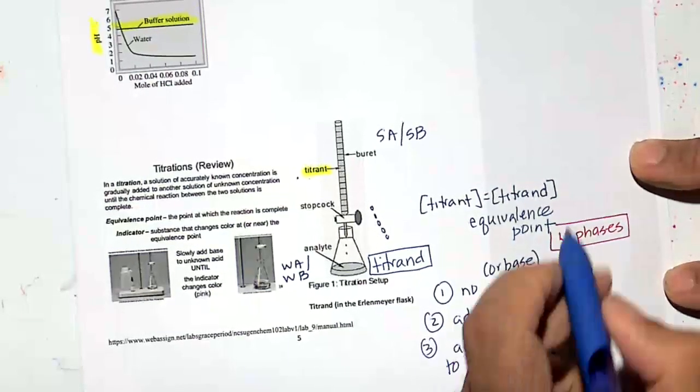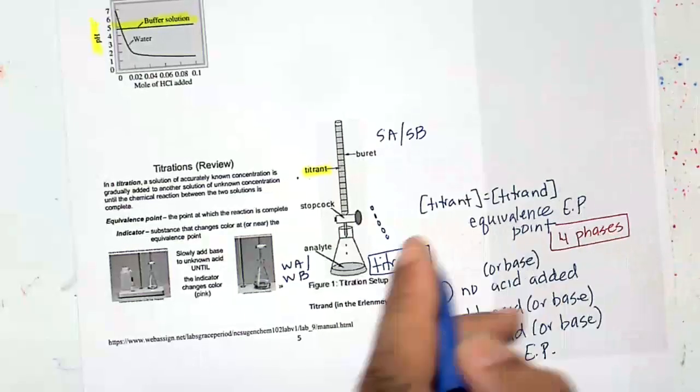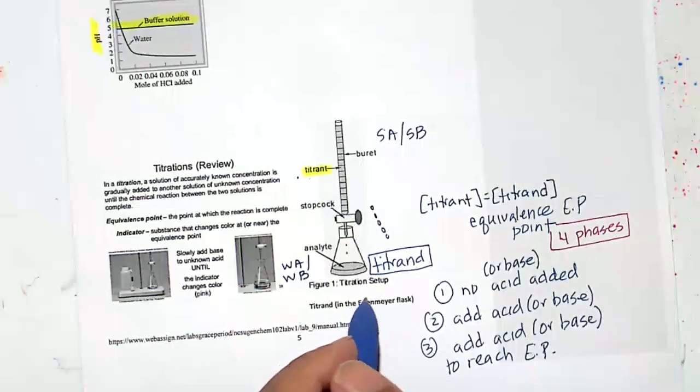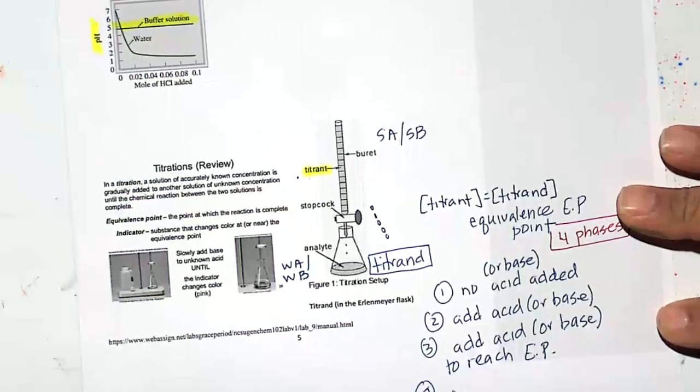I'll call it EP, equivalence point, where the titrant now is equal to the titrand that's sitting here in the flask. So that's phase 3. And then phase 4 is that you have excess acid or base, beyond equivalence point.